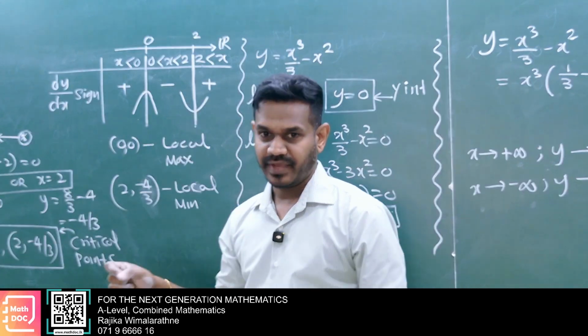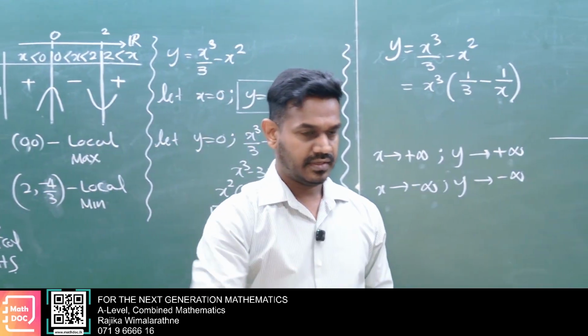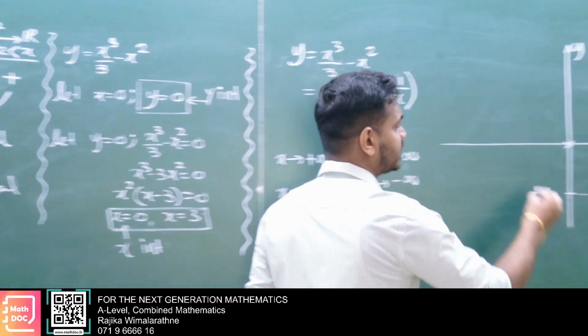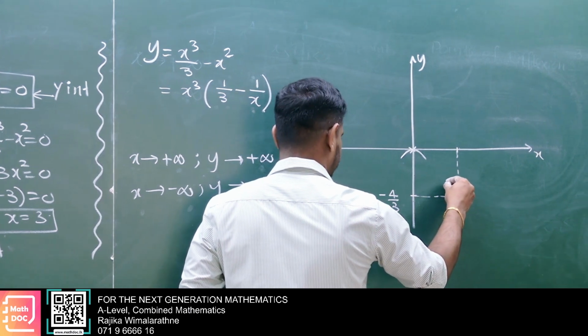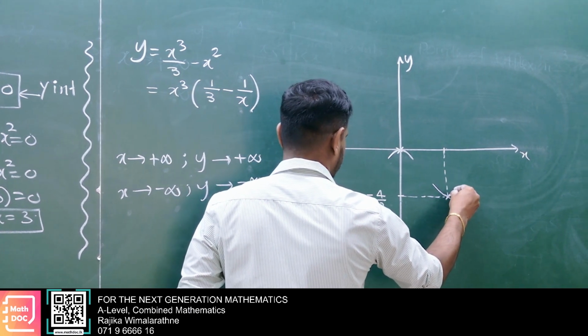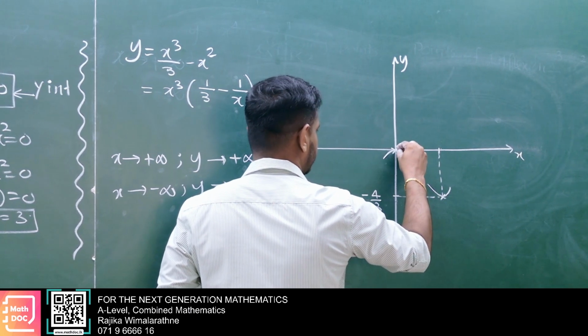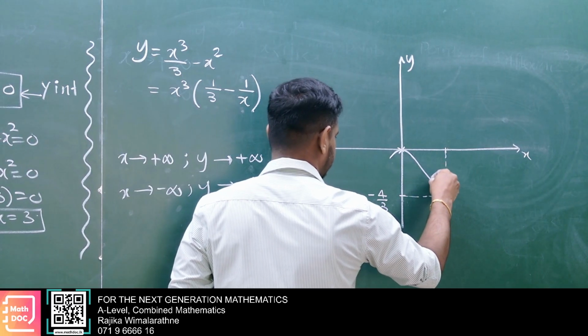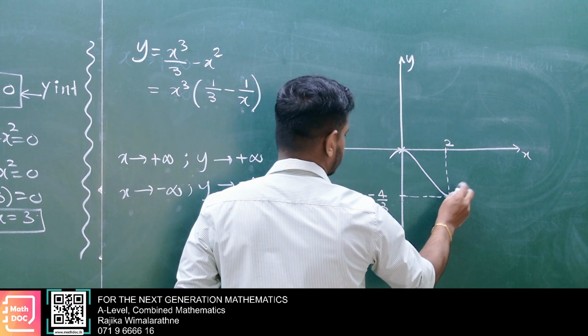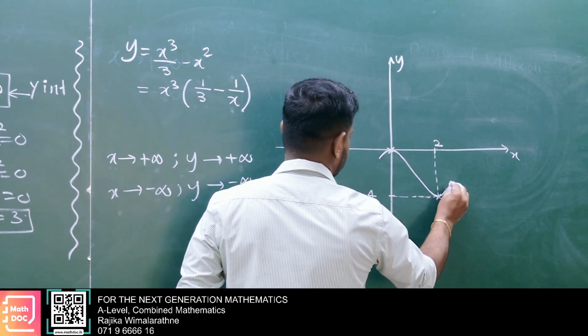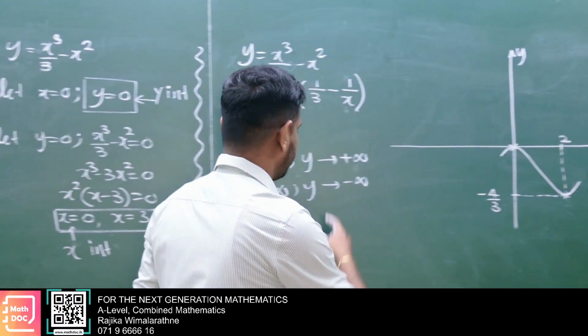We know the shape, maximum, minimum. Then 0, 0 local maximum, then local minimum. Then you complete the pattern within this range. Thereafter, you have to continue with this.